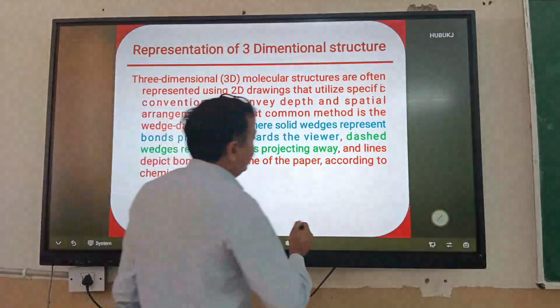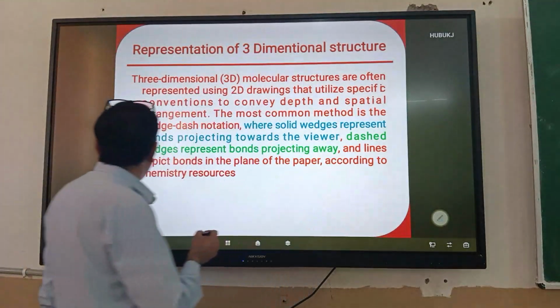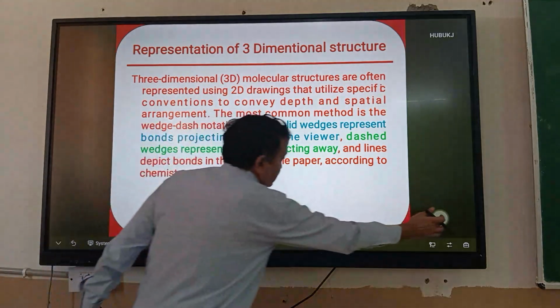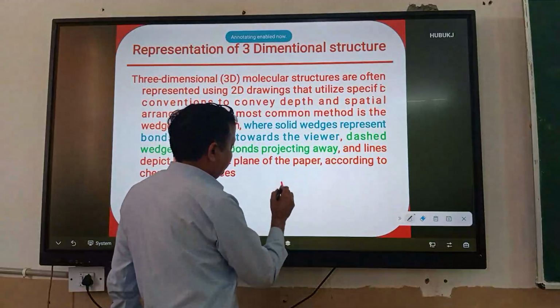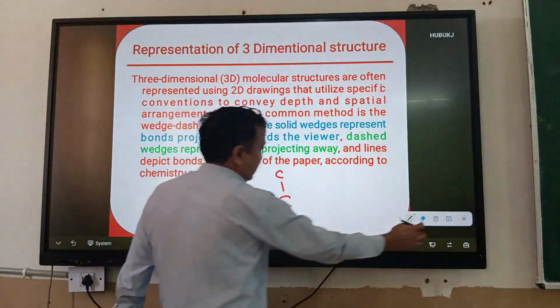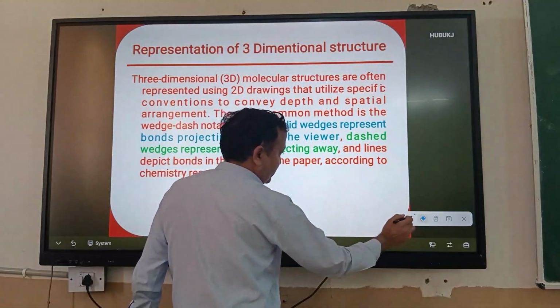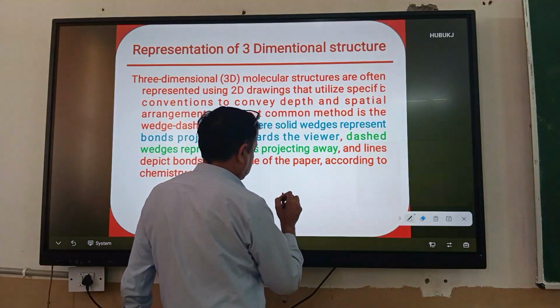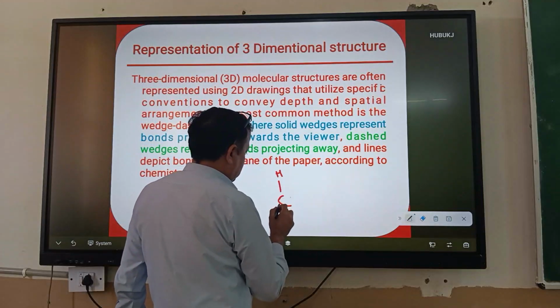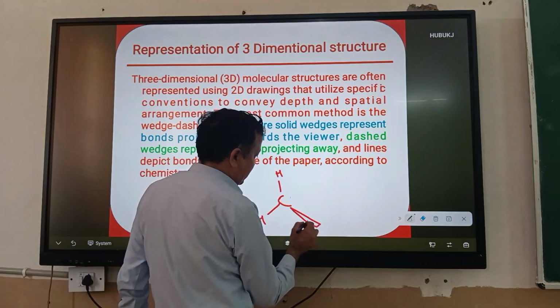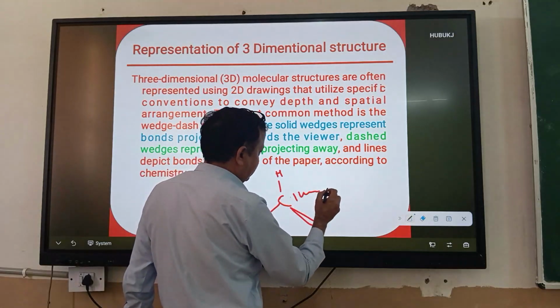If you have a compound like methane, you can represent that compound with the help of the flying wedge structure. This form is known as flying wedge representation.